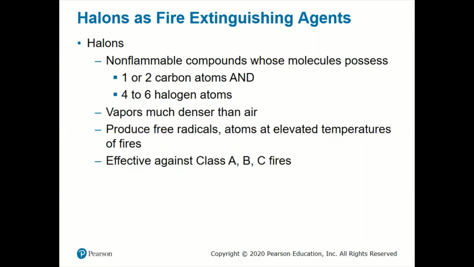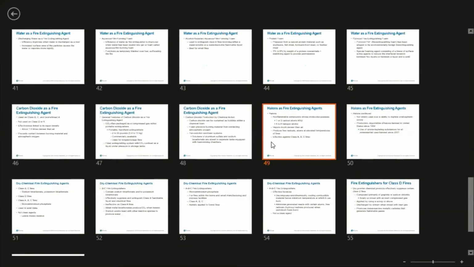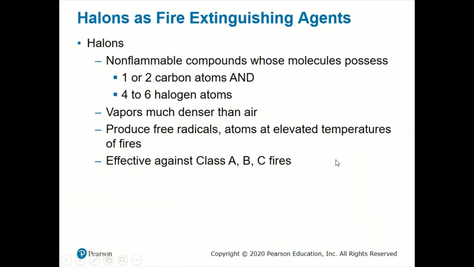All right, some other kinds of common extinguishers. We have the halons. Halons are substances that are not flammable, and we have to have both of these criteria met. We either have to have 1 or 2 carbon atoms and between 4 and 6 halogen atoms.